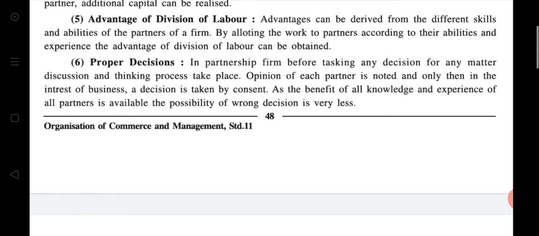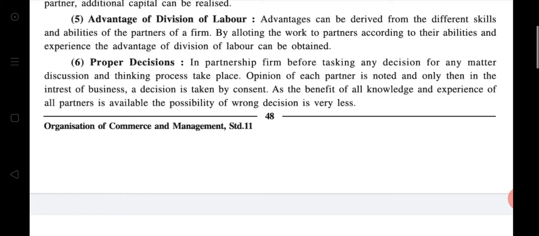So three partners work together, but in different work, allotted according to their abilities. Management work is allotted to A, because A is good at management. Then financial control is allotted to B.